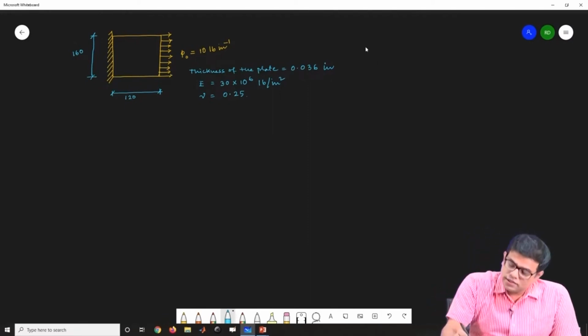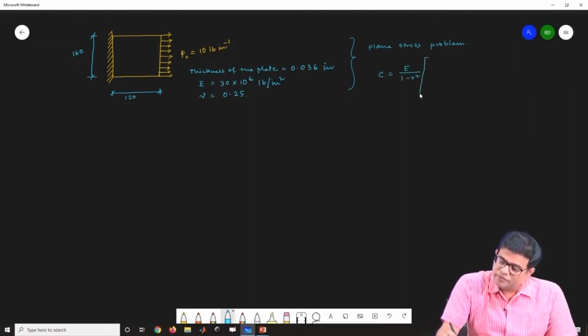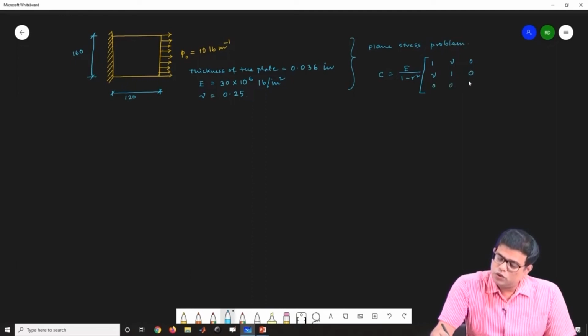So this problem definition tells us that it's a plane stress problem, and for plane stress we know the constitutive matrix C is E by 1 minus nu square, times the matrix 1, nu, 0; nu, 1, 0; 0, 0, (1 minus nu) by 2. That is my constitutive matrix.